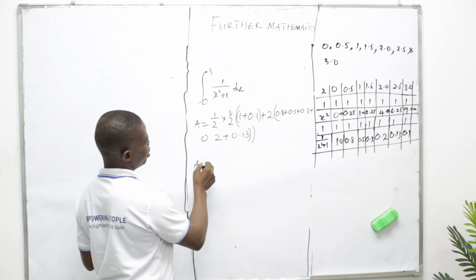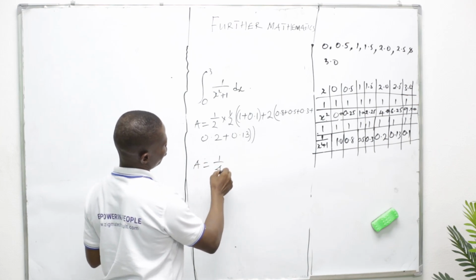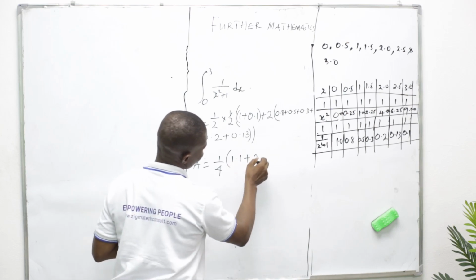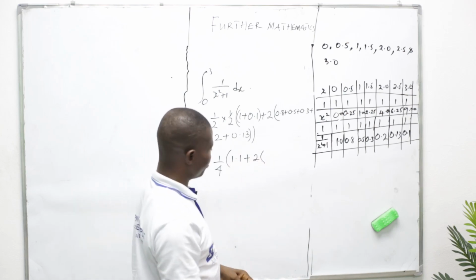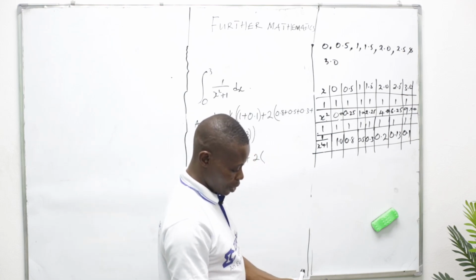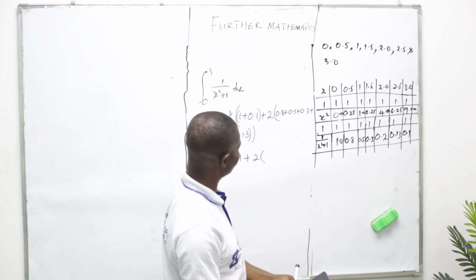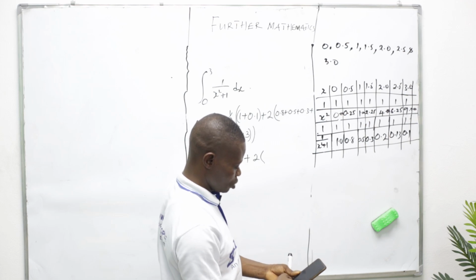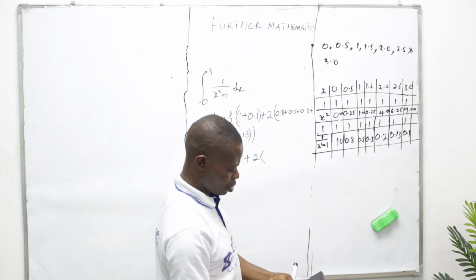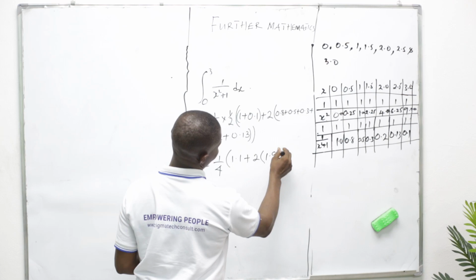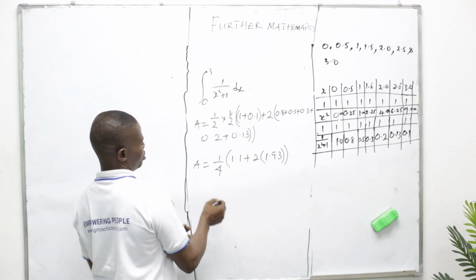So what do we have now? A equals 1 all over 4 into 1.1 plus 2 brackets. Let us take the summation of everything there. That is 0.8 plus 0.5 plus 0.3 plus 0.2 plus 0.13 equals 1.93. Close all the brackets.